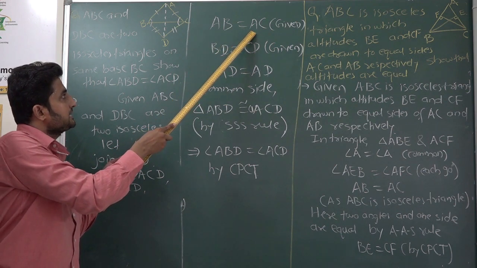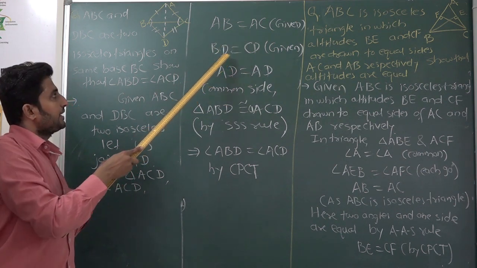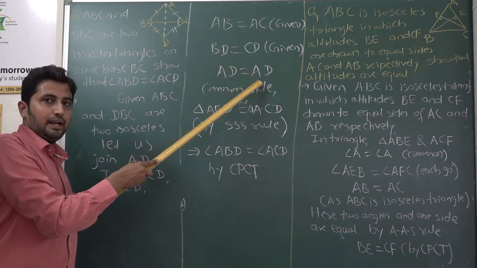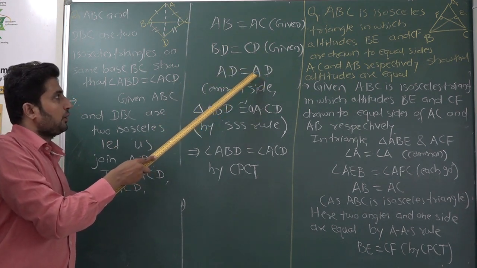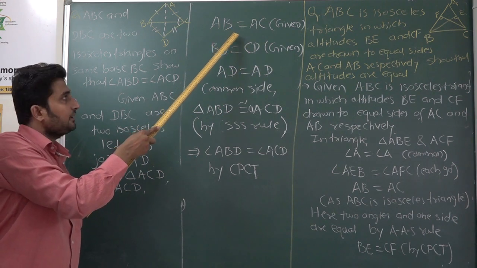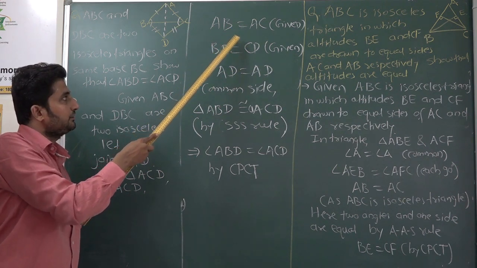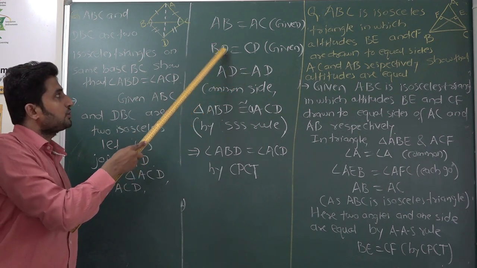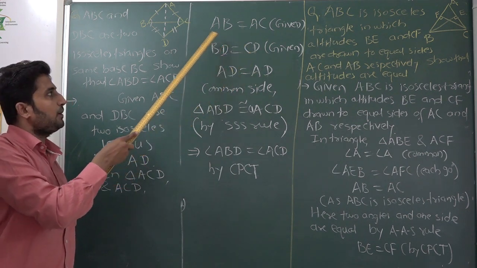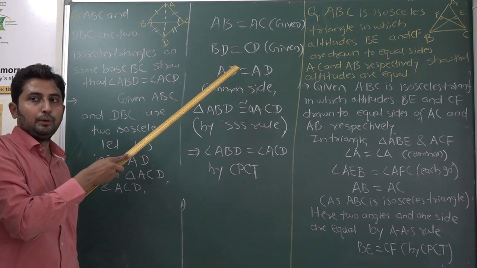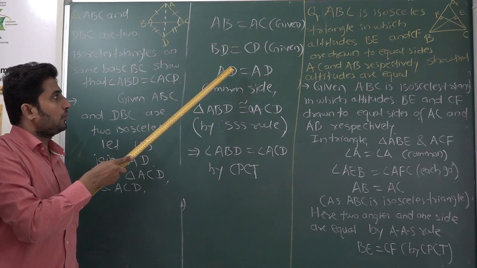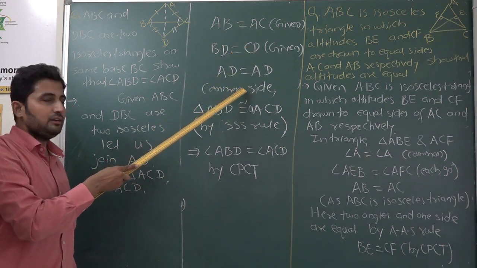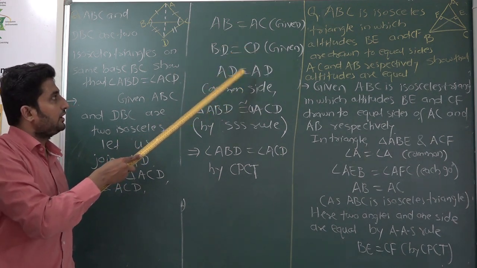AB equal AC is one side, BD equal CD is one side, AD equal AD is also one side. So we are equating side, side and side, and this forms one congruency rule.